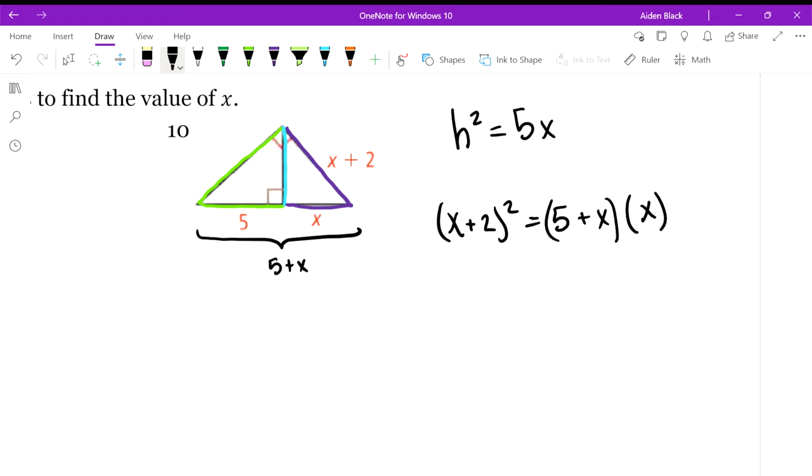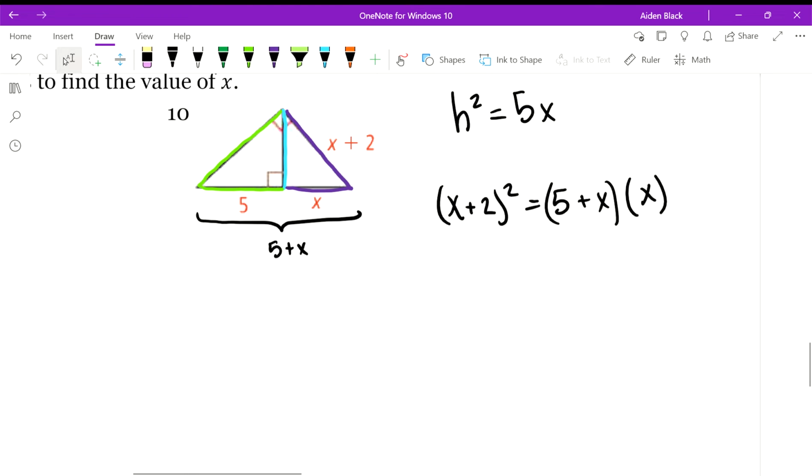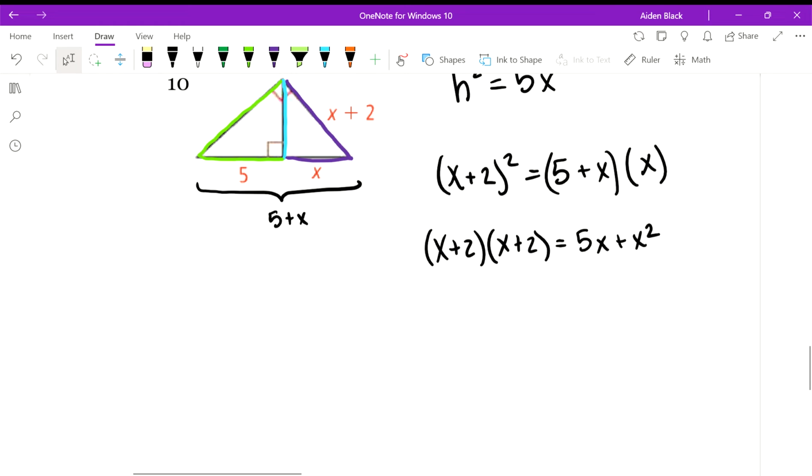Okay, so hopefully you can see how that works. So then we end up with x plus 2 times x plus 2. Looks like we have a quadratic here, and then I can actually distribute this pretty easily. 5x plus x squared. Here we get x squared plus 2x plus 2x plus 4.